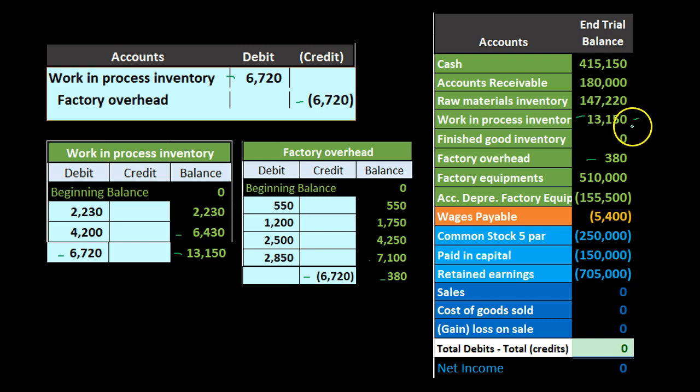And that's why we couldn't post directly to work in process when we incurred these costs, but had to put them into the factory overhead and then use this allocation method to know which jobs we can apply to, so that we can do this kind of lump sum journal entry. This lump sum journal entry is going to be supported by, backed up by job cost sheets.